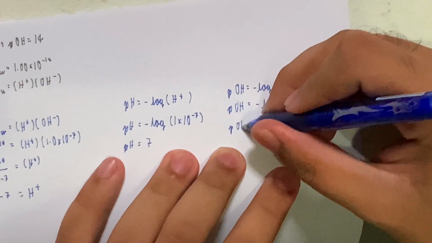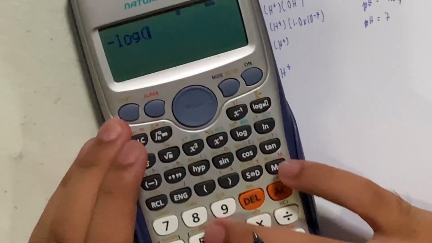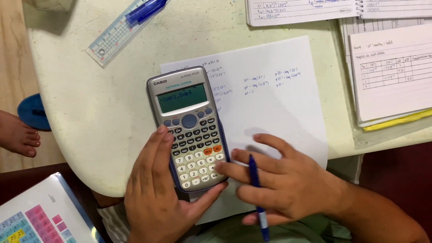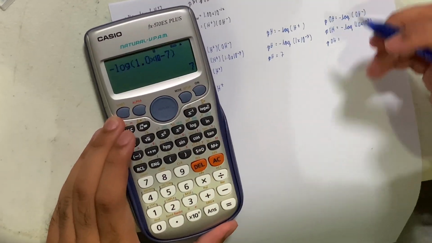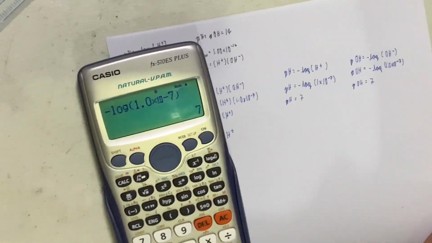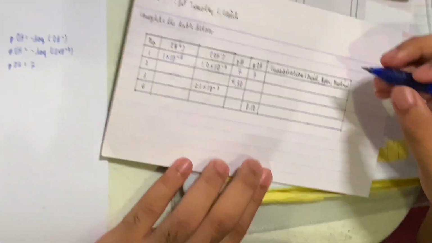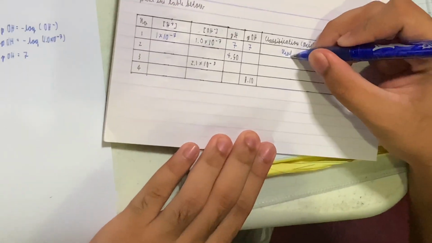So the value of POH, negative log of 1 times 10 to the power of negative 7, is also 7. Now since pH and POH are both 7, the classification is neutral.